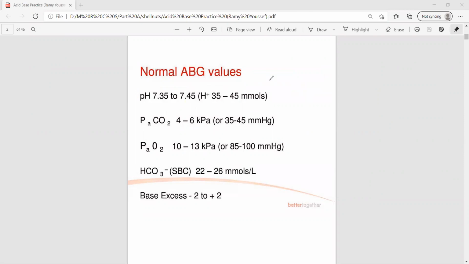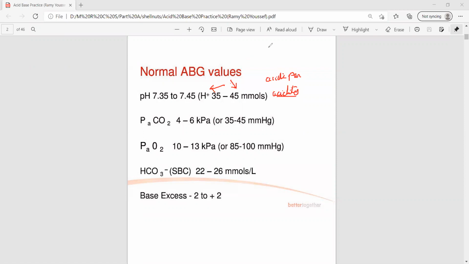Hydrogen ion is the acidic parameter. That means the more hydrogen ions you find in the blood, the more acidic the blood will be, and vice versa. The fewer hydrogen ions in the blood, the less acidity of the blood, or the more alkalinity of the blood.